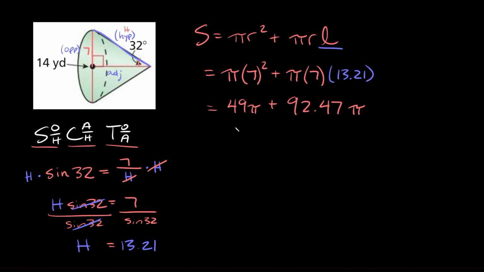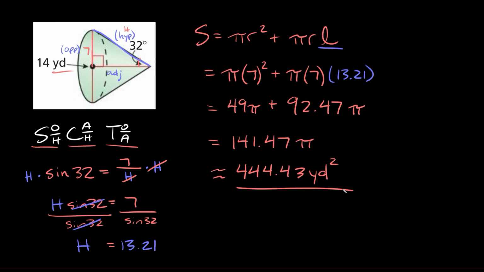If you add the two numbers up, this is approximately 141.47 pi. If you multiply this out, you'll get approximately 444.43. Our units are in yards, so we get yards squared.